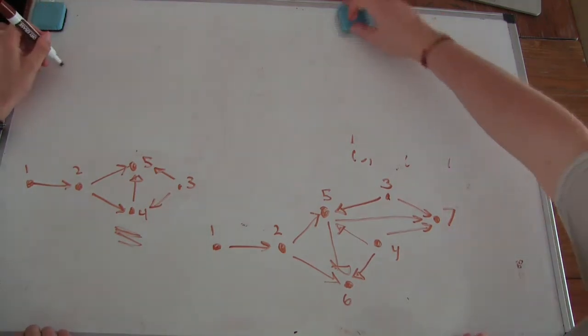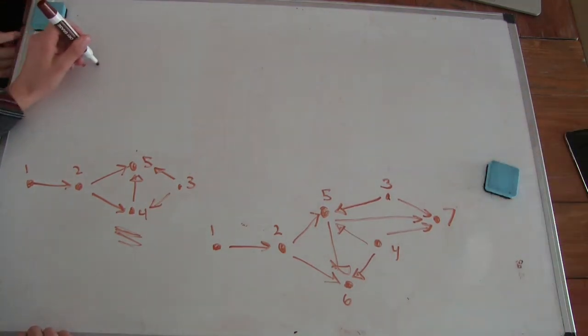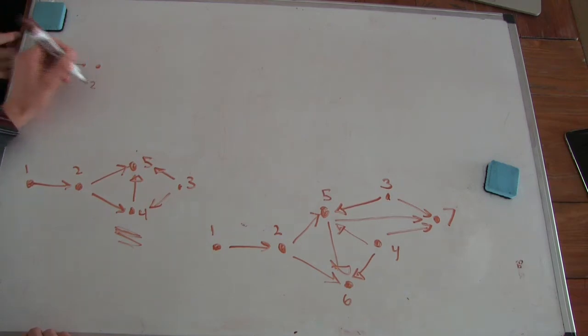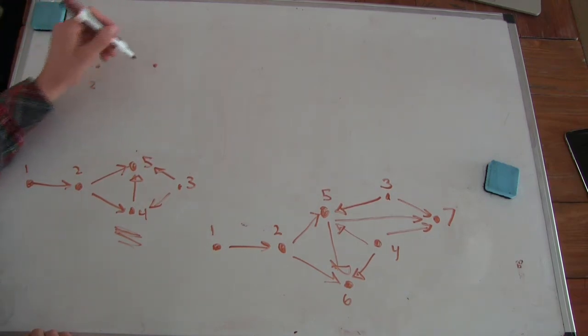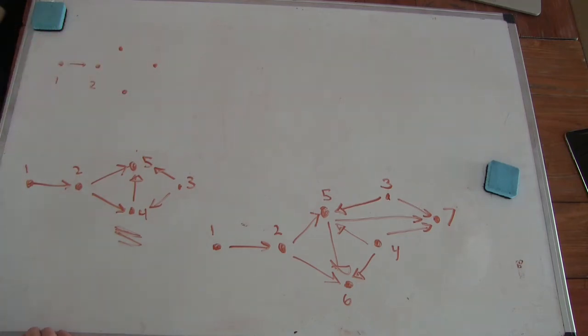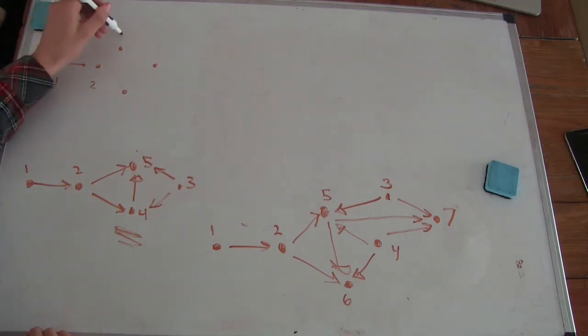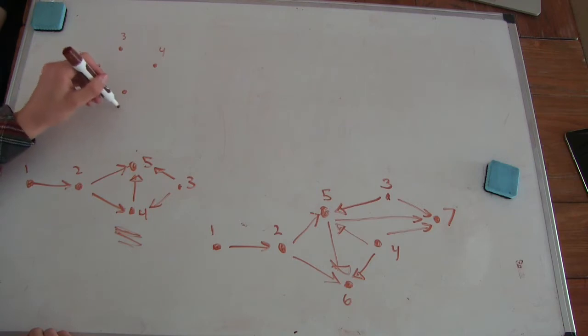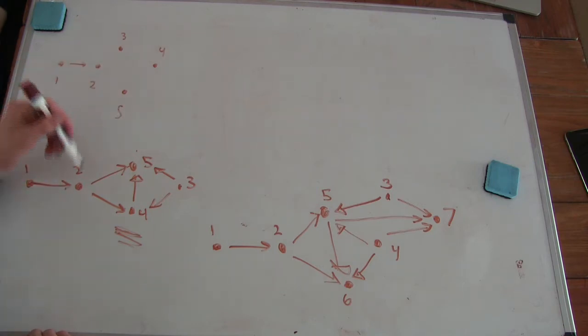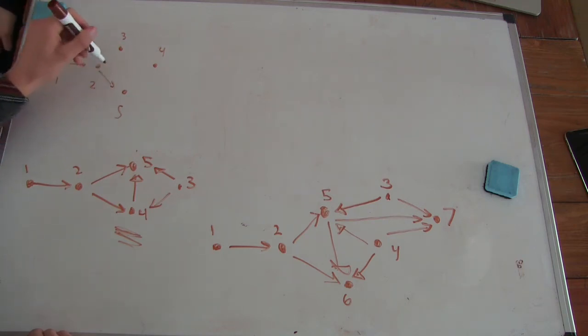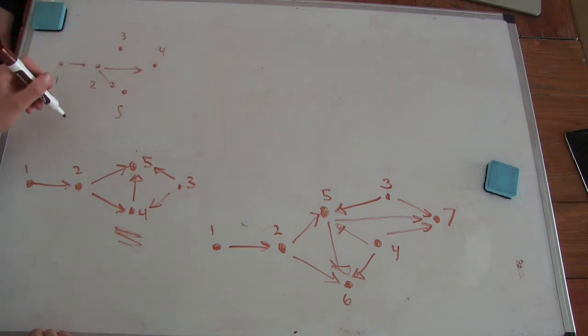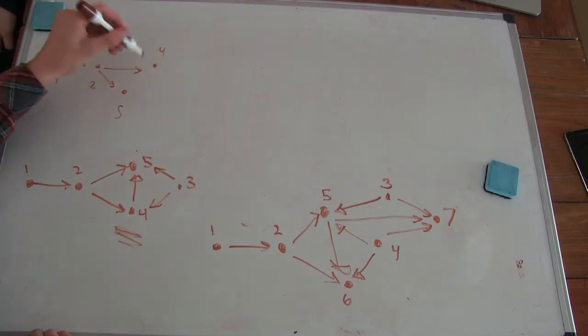So we start with 1 goes to 2, and then we want 3, 4, and 5. I guess this one doesn't look too different. So 2 doesn't go to 3. 2 goes to 5. 2 goes to 4. 3 goes to 4.